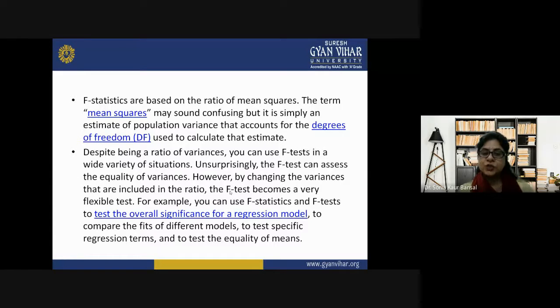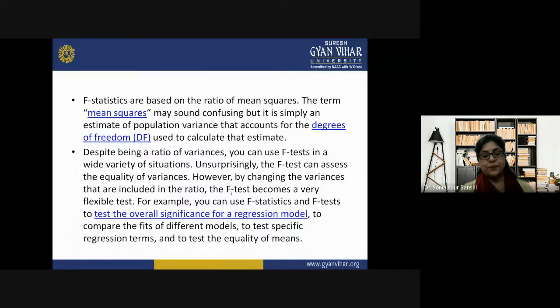Now, despite being a ratio of variances, or the square of standard deviations, you can use the F-test in a wide variety of situations. Unsurprisingly, students, the F-test can assess the equality of variances. However, by changing the variances that are included in the ratio, the F-test becomes a very flexible test.